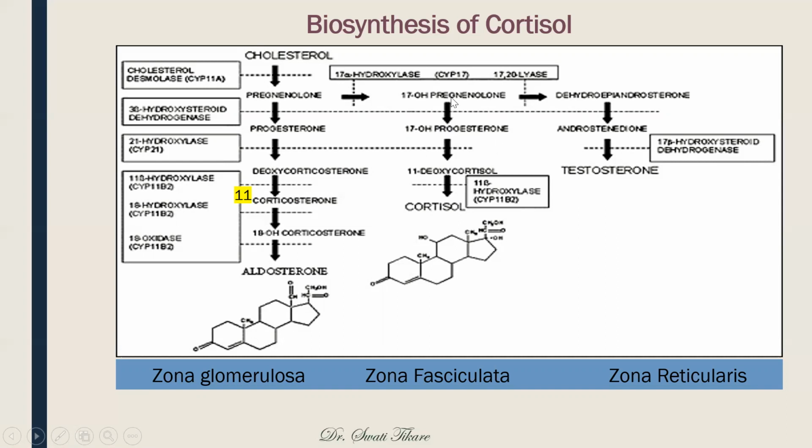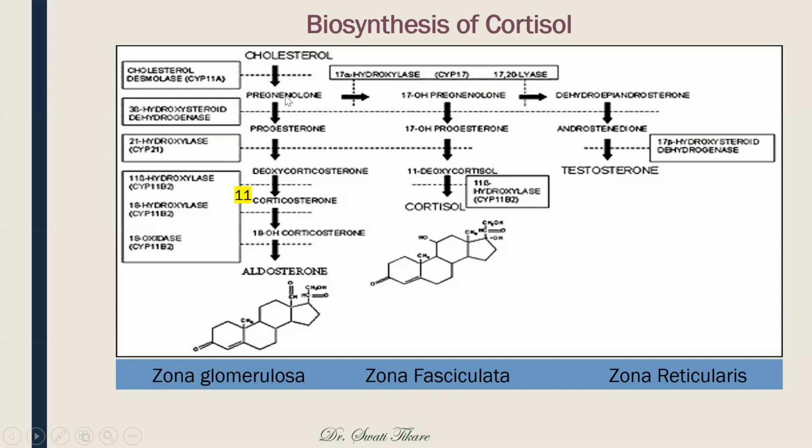So once it is converted into these two precursors, we are not going down this lane because today we are concentrating on glucocorticoids. So the first step, from cholesterol to pregnenolone, then pregnenolone to 17-hydroxypregnenolone. This happens in fasciculata. Pregnenolone can be converted to this part, and then from here it can continue its journey, or this also can come to form this.